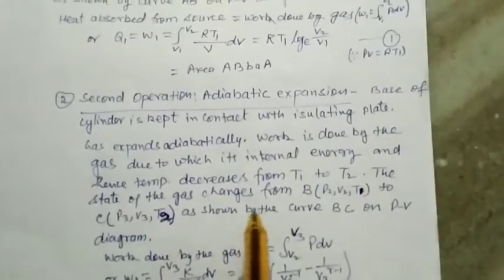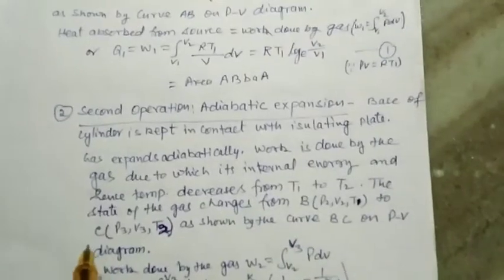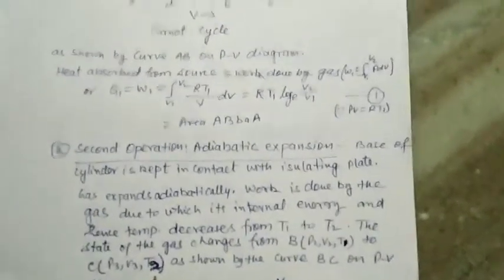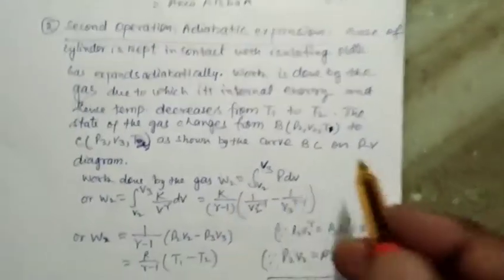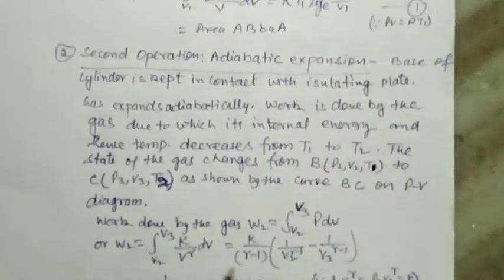The state of the gas changes from B (P2, V2, T1) to C (P3, V3, T2). So this is the point C (P3, V3, T2), as shown by curve BC on the PV diagram.